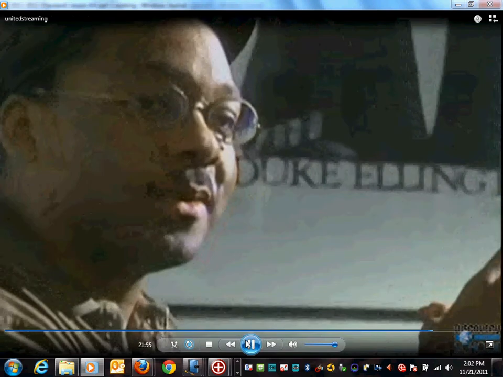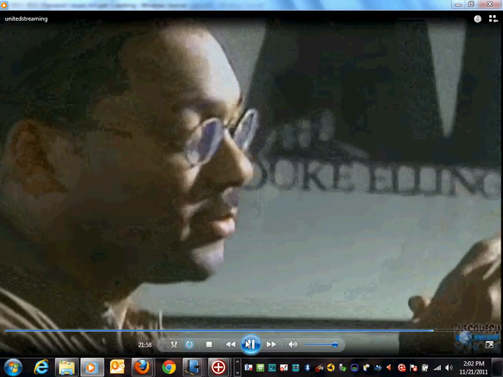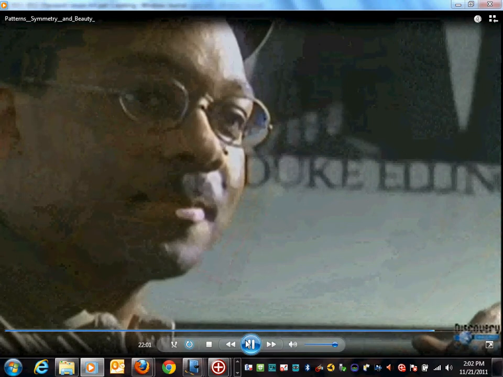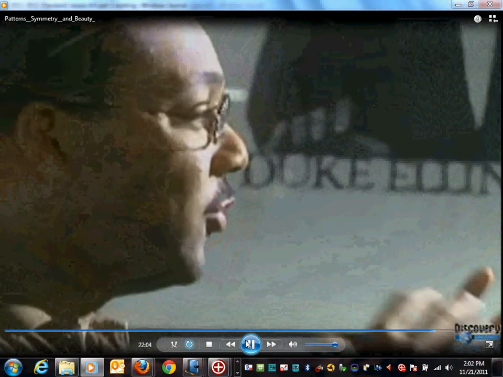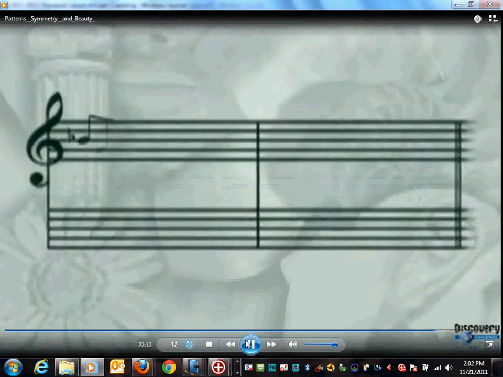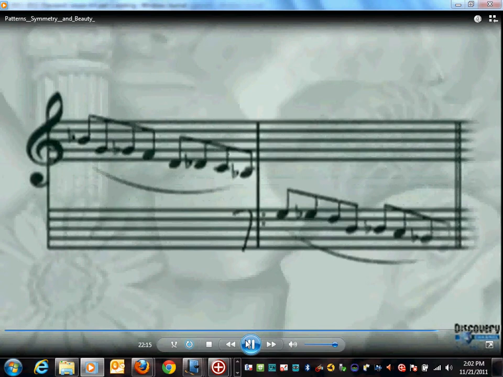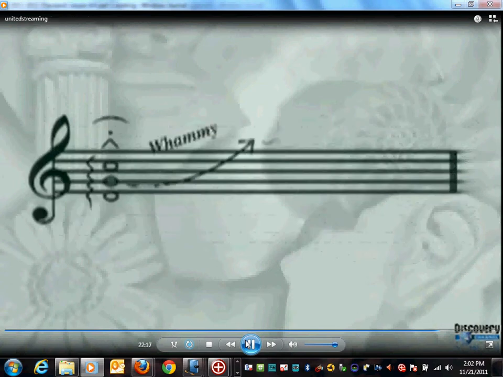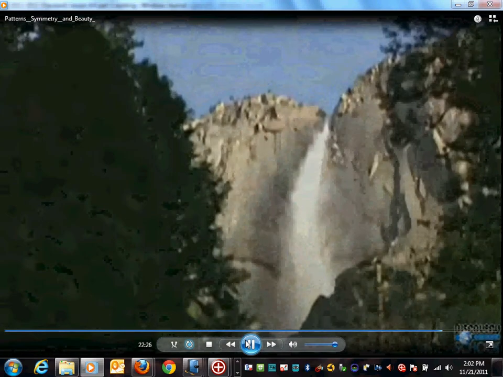Just the last blank. I'm good. I know it. I want to learn how to play that. I know how to play it. Whammy. That's the Wendy for vibrato. Smiley face. Oh yeah.